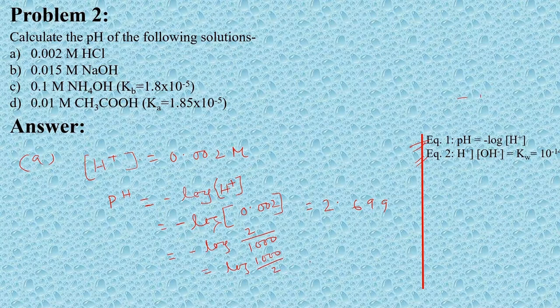We omit the negative sign by changing this. Log 1000, then log 2 we have to know the value, 0.301.